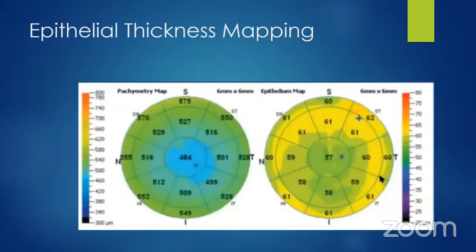The other important part is epithelial thickness mapping, which is also coming into play, because when keratoconus is in the early stage, the epithelium may be a masking factor. The cornea is getting thin at one place, but the epithelium may thicken at that place.